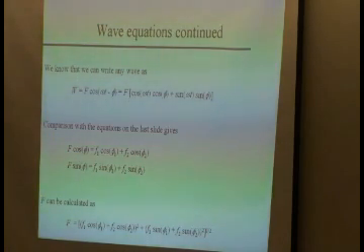Does anybody know what cosine squared plus sine squared is? 1. Now that's convenient, because that means if I sum these two equations squared, then I get f squared times 1. Okay? Because it's the cosine squared and the sine squared of the same argument. That means that f is equal to this sum squared plus that sum squared and the square root of it.